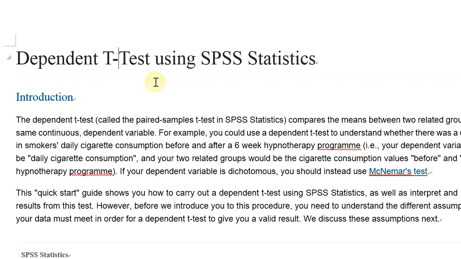Independent means the two groups are not related; they are separate. The samples should be separate. But in the dependent t-test, the sample is the same. The group is the same, but the variables, the parameters, are before and after.